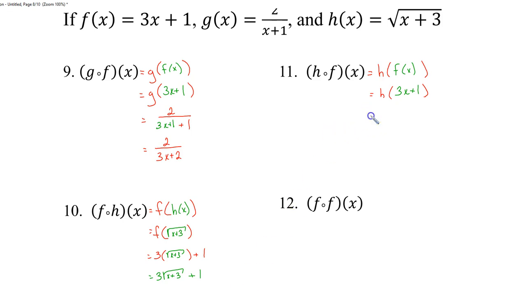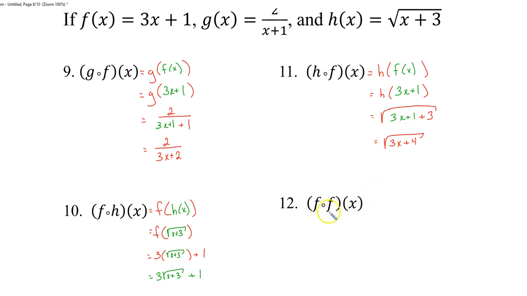My h of x function is that square root of something plus 3, and that something is going to be replaced with 3x plus 1. Notice all of this is underneath the radical, and so I can combine like terms, and so this is going to give me the square root of 3x plus 4. This is a completely different function than what I got for number 10, right?